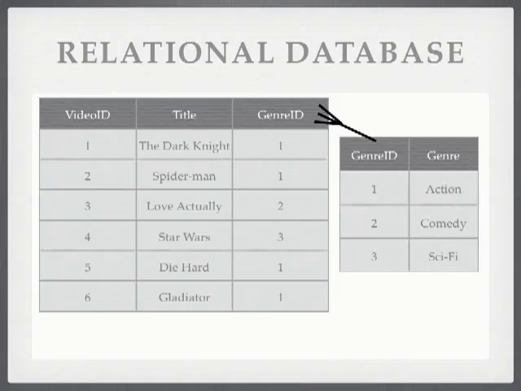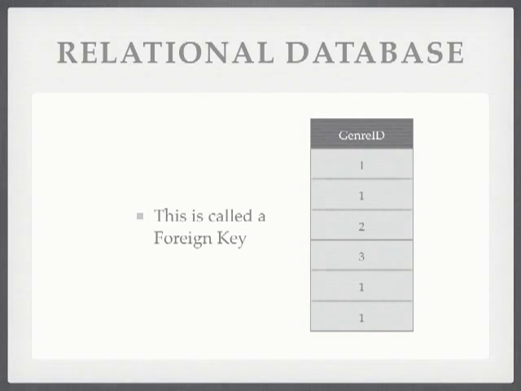One particular genre may have many films attached to it, but one film can't have more than a single genre. There we go. Okay, so as I said, the ID there that was in our film table is called the foreign key. So when we use the primary key of one table as an attribute in another to relate the two tables together, it gets called the foreign key.